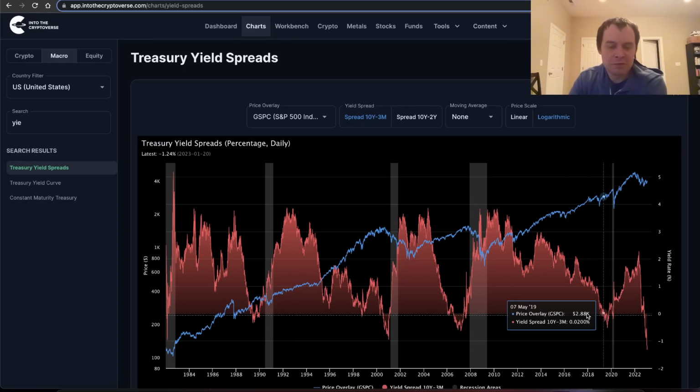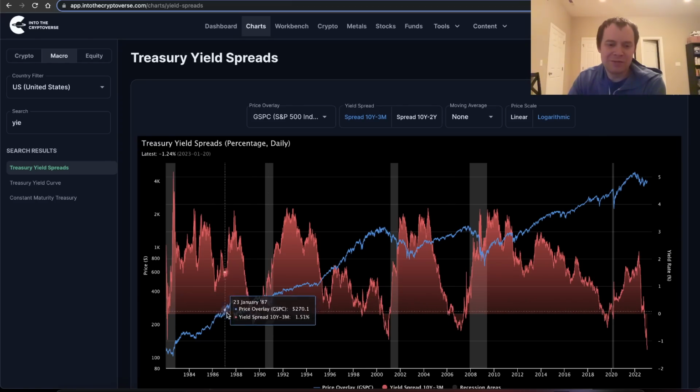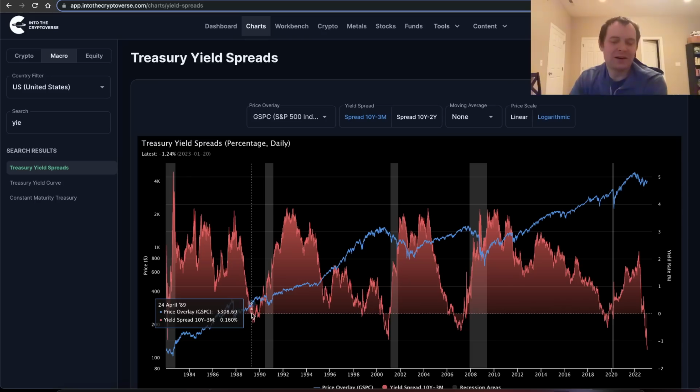Typically, no. Plenty of times when it inverts, we don't find ourselves in a recession. So the inversion of the yield curve in and of itself is not a predictor that we're in a recession. It's a predictor that by the time it all resolves itself, we'll likely find ourselves in one.